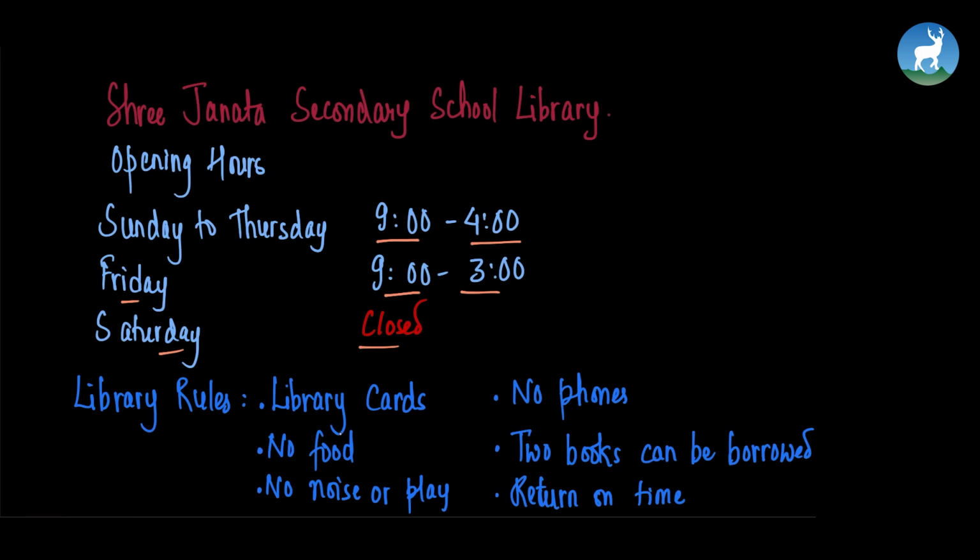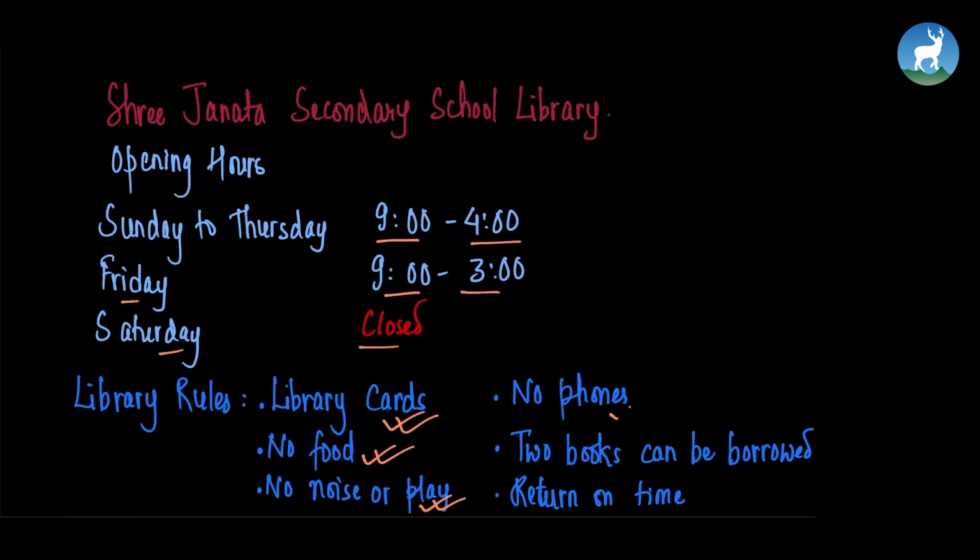So, here we are about to read the library rules. First and foremost, all the students must have a valid library card, okay? And they cannot have any food or drinks in the library. So it's mentioned no food. Next, no running or shouting or playing, no noise. We know that we have to be very quiet and very concentrated in reading when we are in the library.